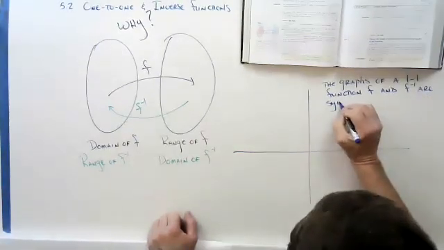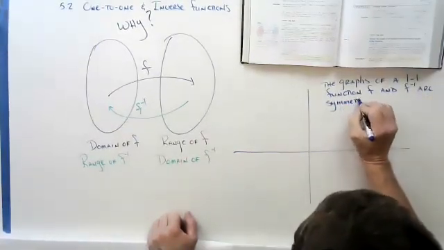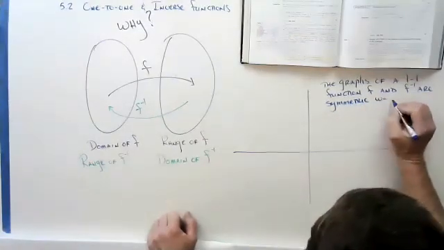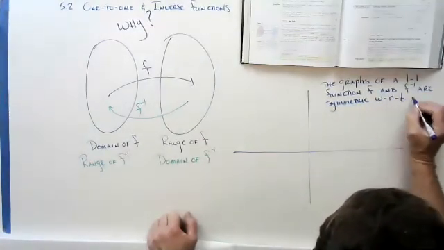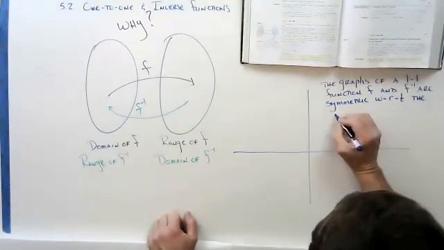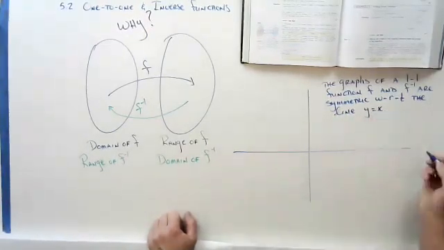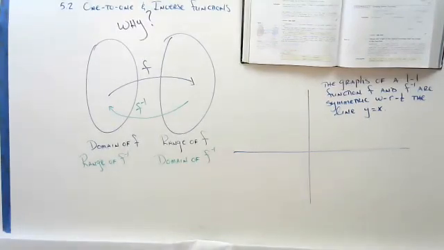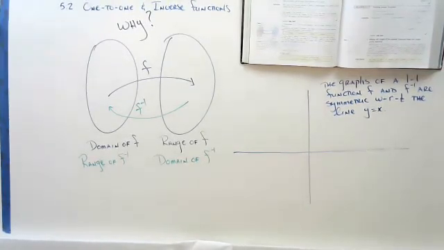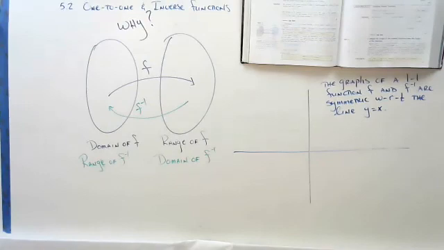There's that word again, right? With respect to the line y equals x. That's what they taught us in algebra 1 and algebra 2 and geometry. They actually talked about that in geometry. Notice it's not the origin, it's not the x-axis, it's not the y-axis. We're not in chapter 1 anymore here, Dorothy.